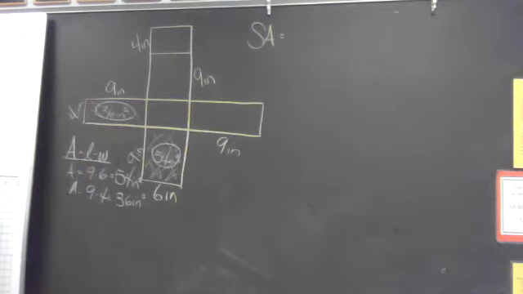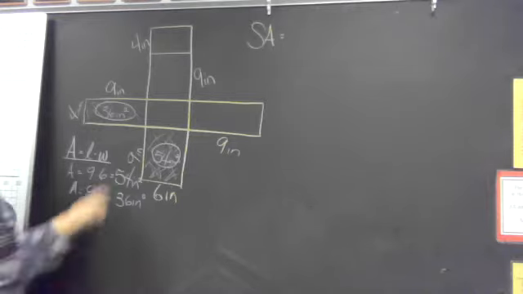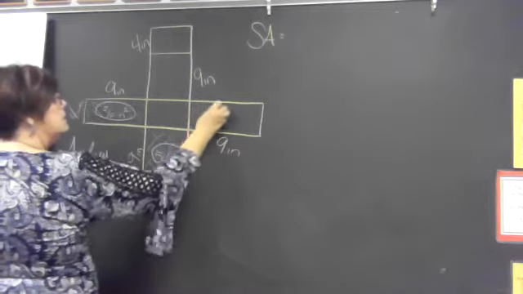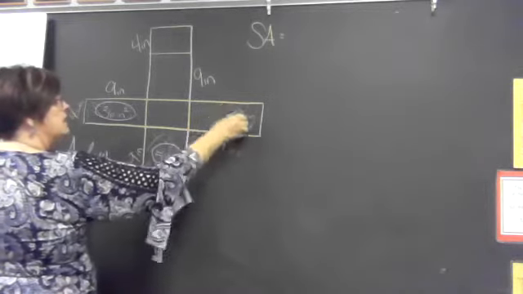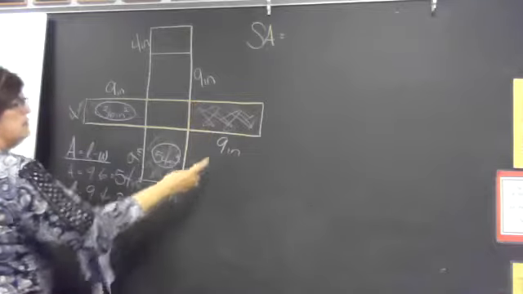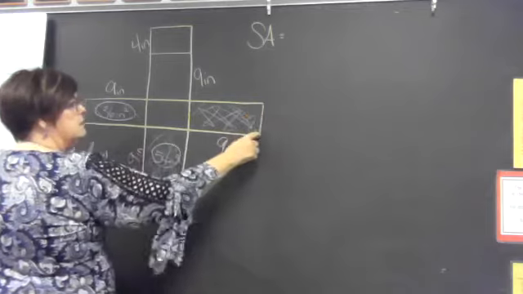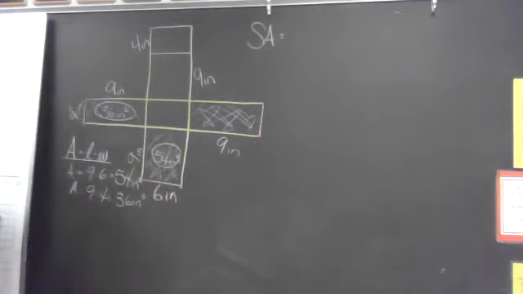Now it gets to a place that we have to think a little bit. Since we've already found this one, let's look over here and find this area. Now we only have a length showing here. We need the width. What did you say, Rachel?